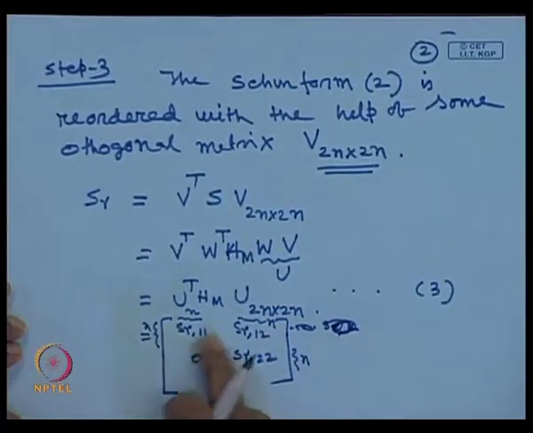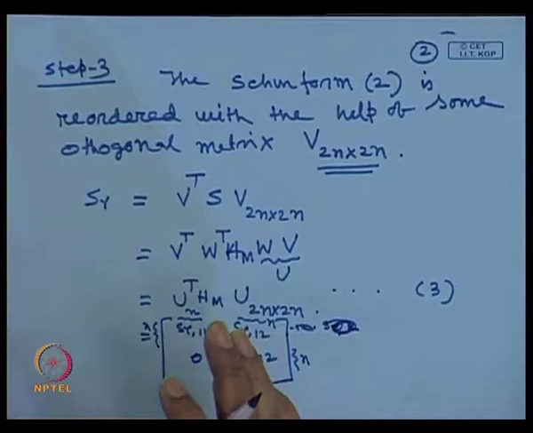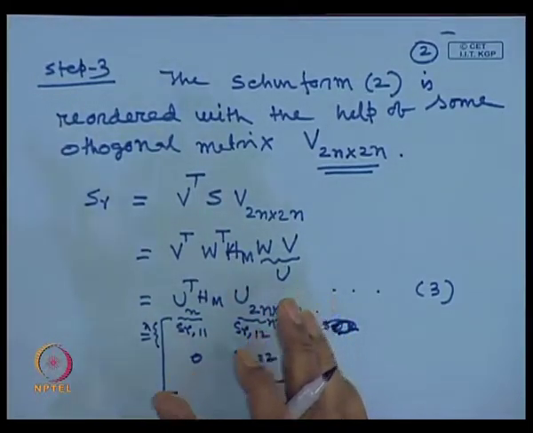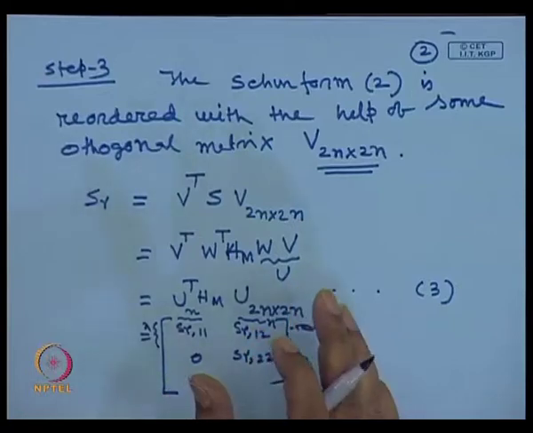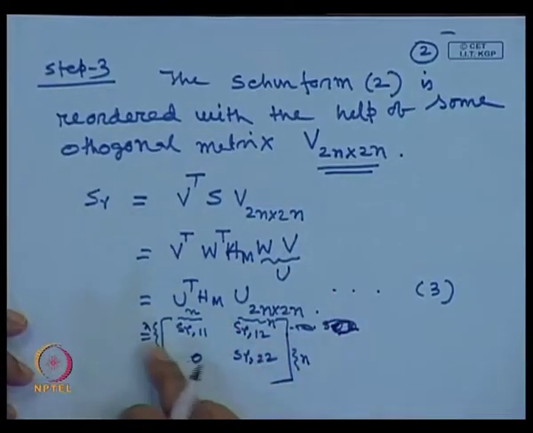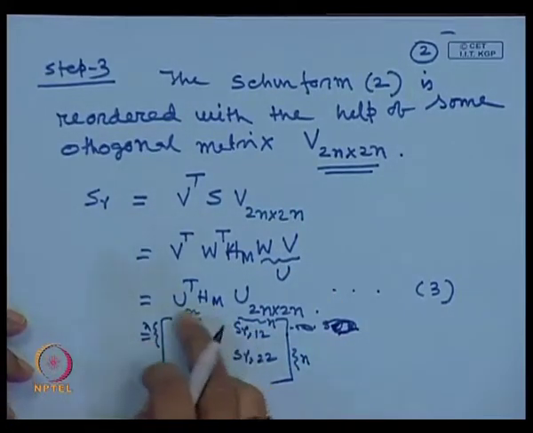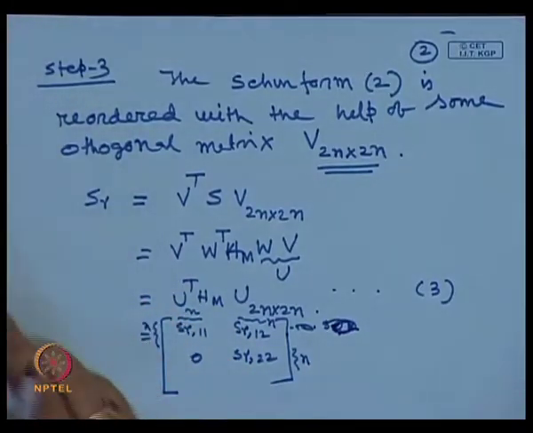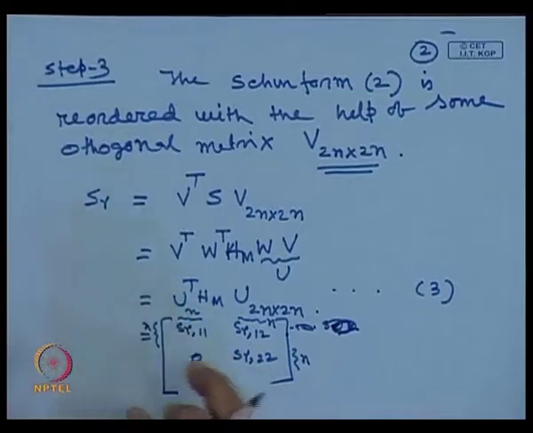So, SR 11 contains all the stable eigenvalues of HM which are stable in the SR block, meaning n cross n blocks it will consider, and SR is in the upper triangular form.